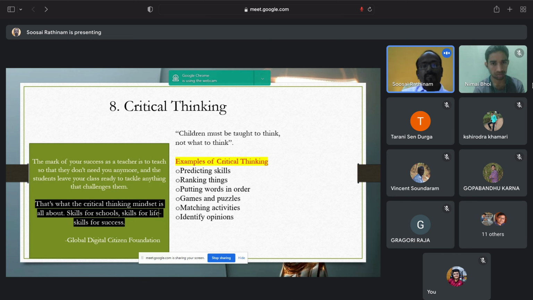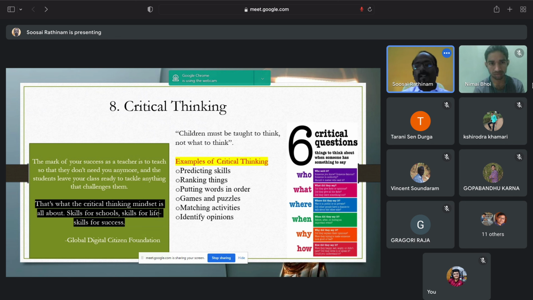And the students leave your class ready to tackle anything that challenges them. And that's what the critical thinking mindset is all about. Skills for the schools, skills for life, skills for success. And this is another important skill. I don't have to talk much about critical thinking. We are aware. And the 6 important critical questions are who, what, where, when, why, how.